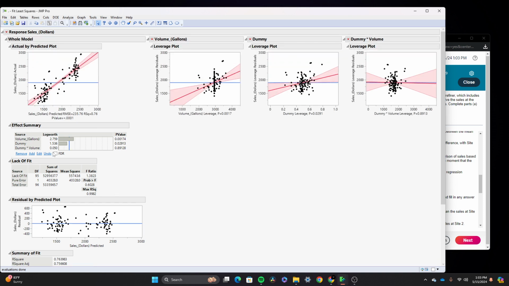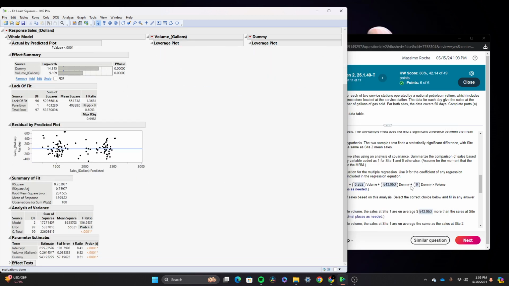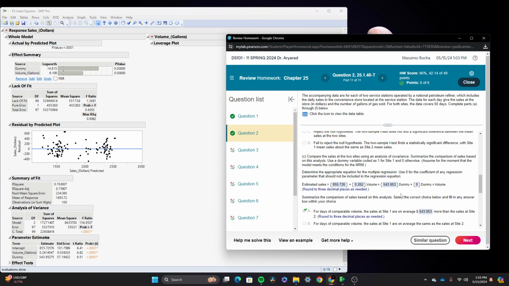So therefore it is impacting the chart. So this one is not necessary. We're just going to go here and remove. And if you look at the numbers now, much better. 0.000, 0.000. Much better p-value.